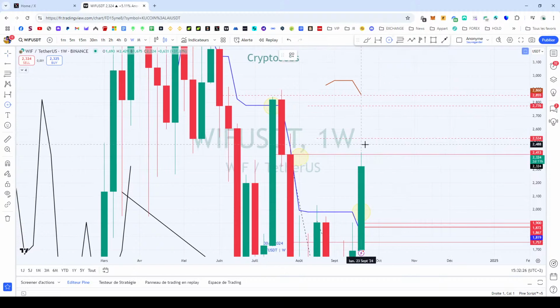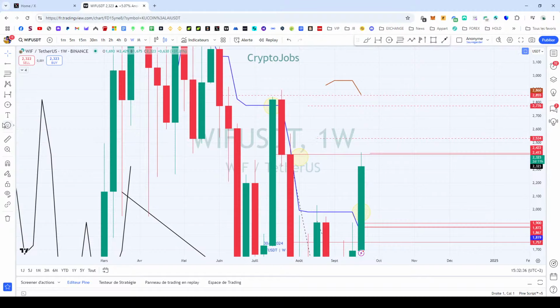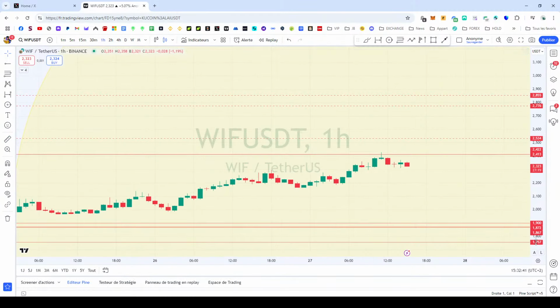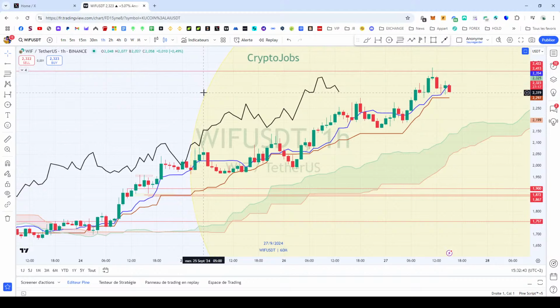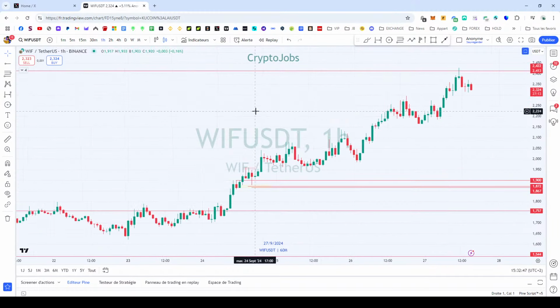Now we retraced exactly around that level, that resistance. If we break this resistance, it will move to this level and then probably to this level. Currently we are getting rejected exactly on the resistance I showed you on the last token.